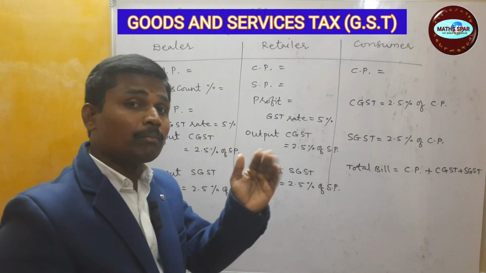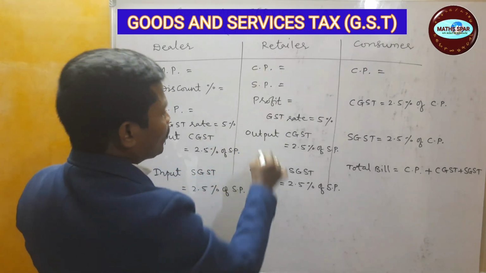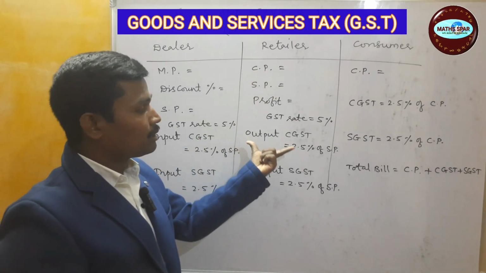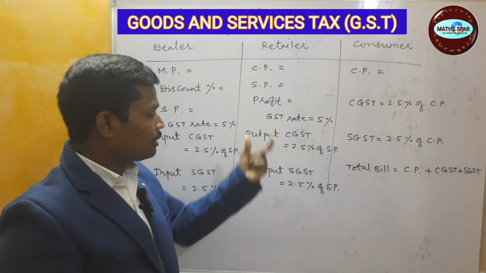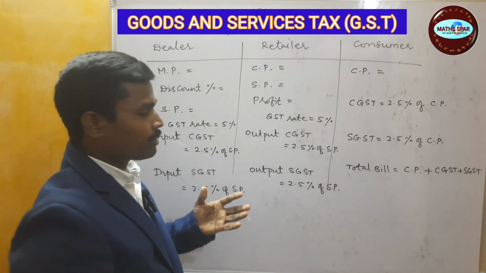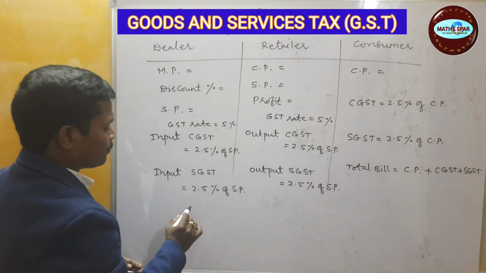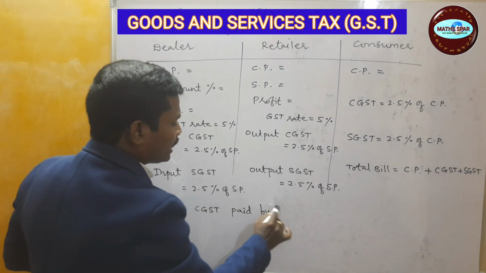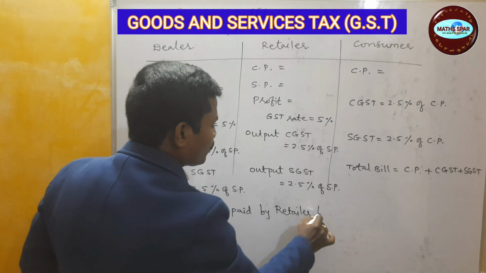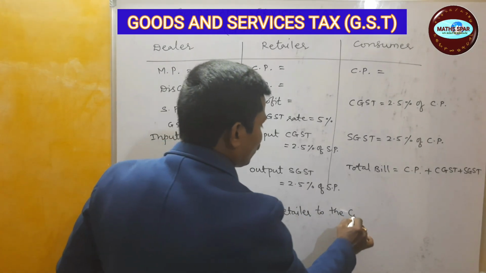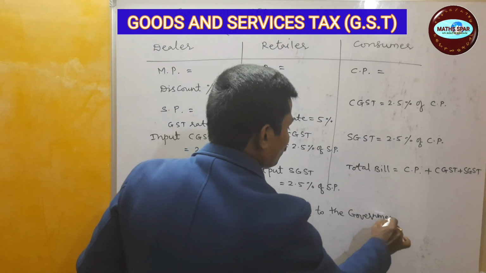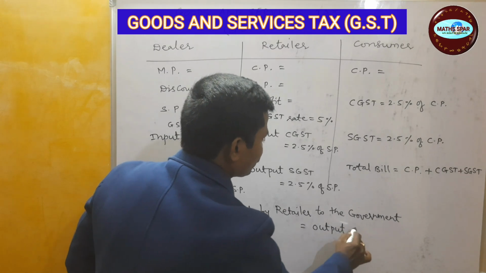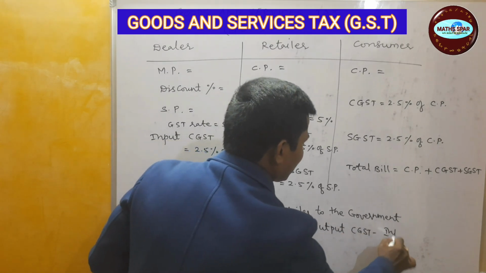Then the question may be asked, how much money the retailer is paying as CGST to the government and SGST to the government. In such cases, we will write CGST paid by retailer to the government will be nothing but output CGST minus input CGST.